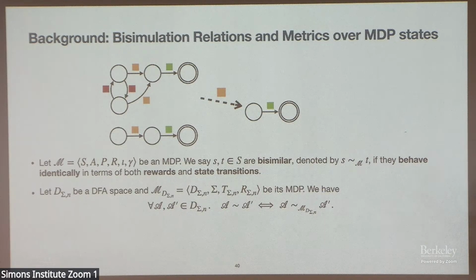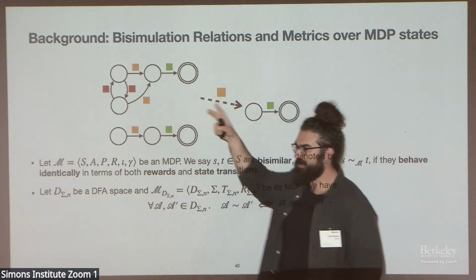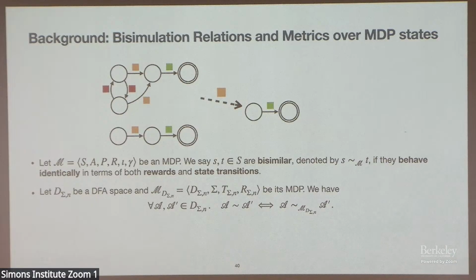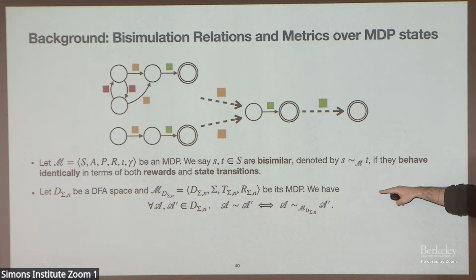Red takes me here, but that's again a bisimilar DFA anyway, so I'm not showing that here. And if you read orange from the bottom one, you still get to the same DFA, and from green, it's the same thing. So these DFAs in the DFA space are equivalent in terms of their rewards and state transitions, and they are indeed bisimilar DFAs too. So these are actually equivalent definitions.